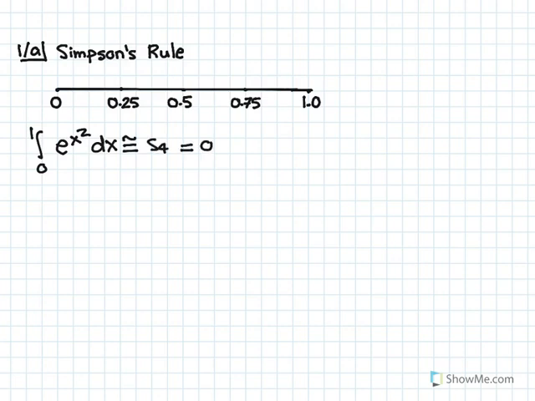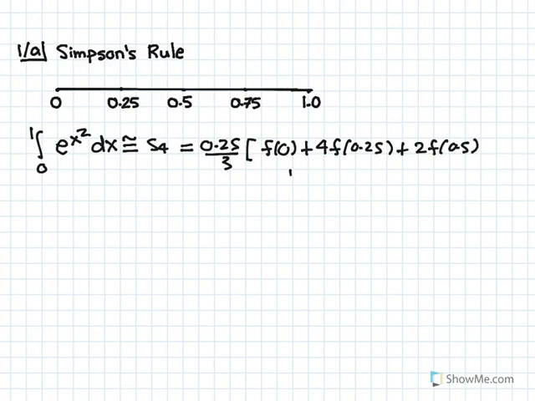That's equal to delta x, that's 0.25, divided by 3, times f of 0, plus 4 times f of 0.25, plus 2 times f of 0.5, plus 4 times f of 0.75, plus f of 1.